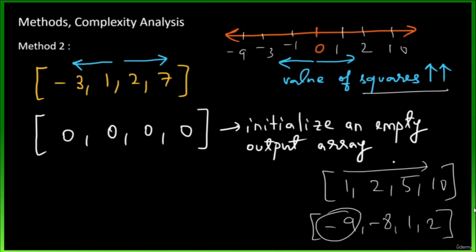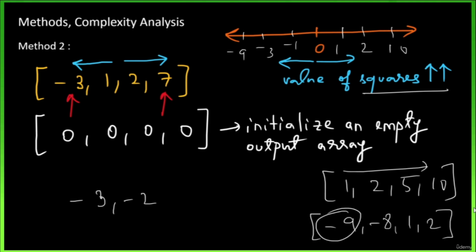Now, because this is true, if we look at the two extreme positions of the given array, which is this position and this position, and if we square them, then one among these two definitely has to be the greatest, right? The greatest square. Now, why is that so? Now, if we have a negative, let's say I have -3 and I have -2, definitely -3 square will be greater than -2 square.